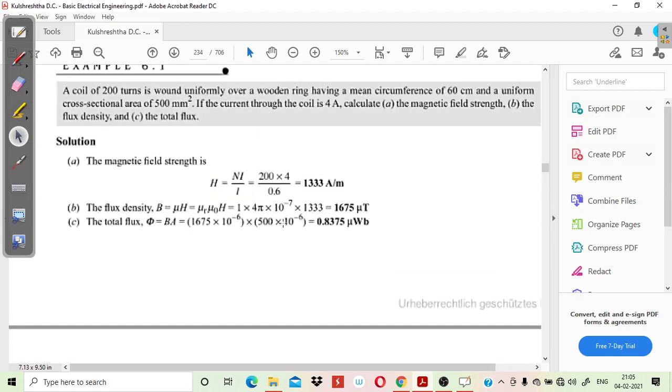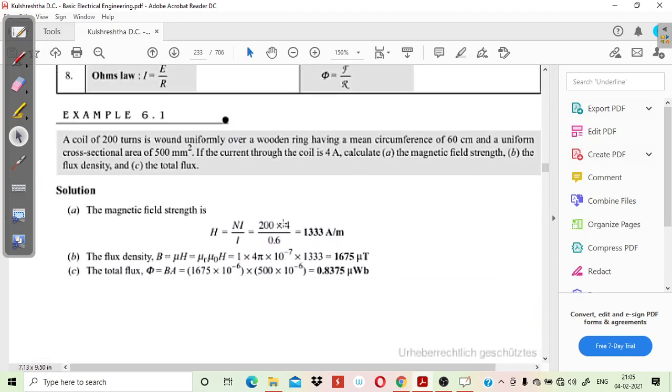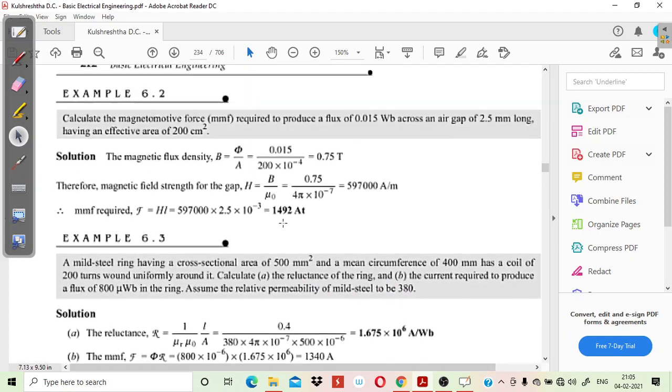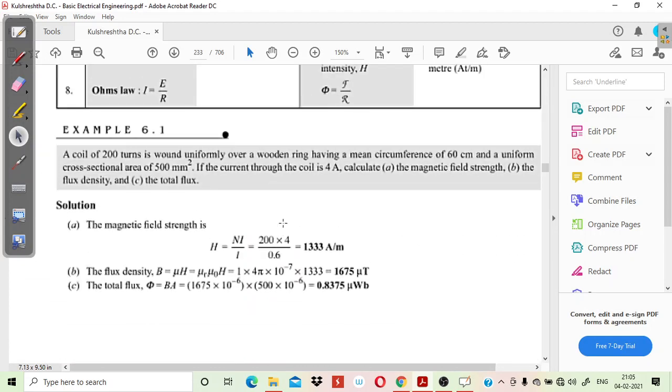I will solve this example, and examples 6.2 and 6.3 you should solve as an assignment.